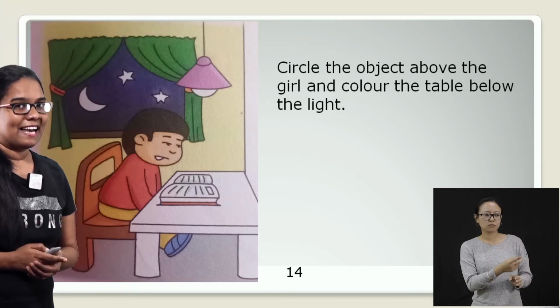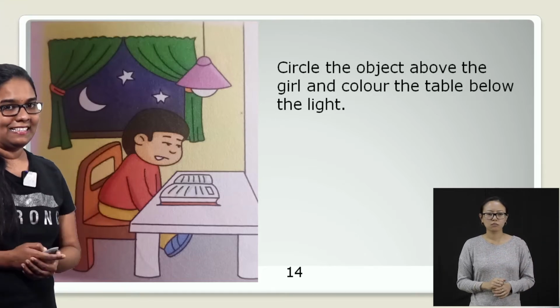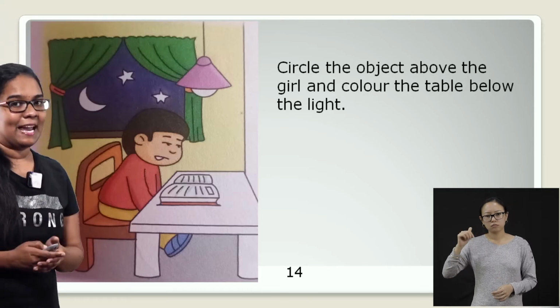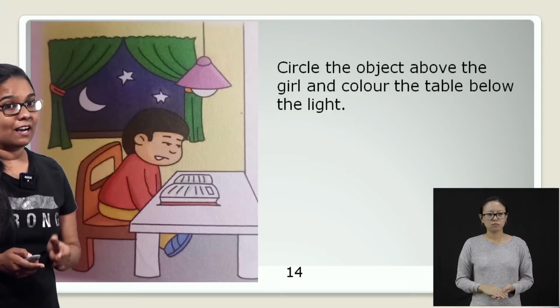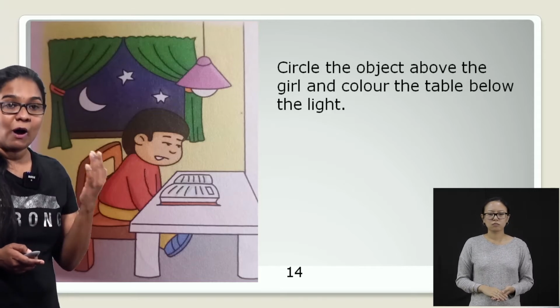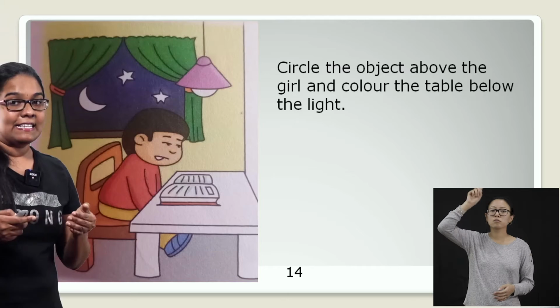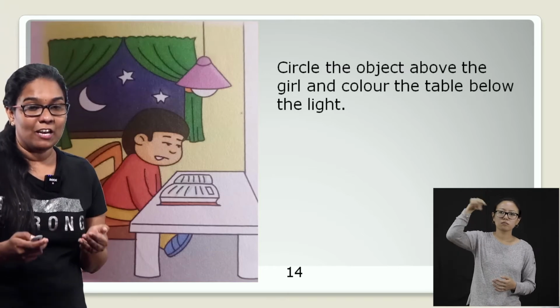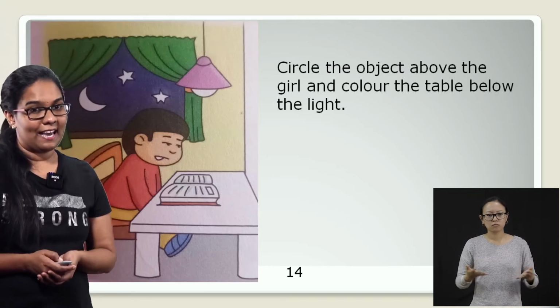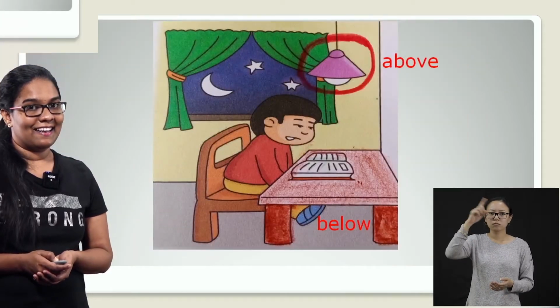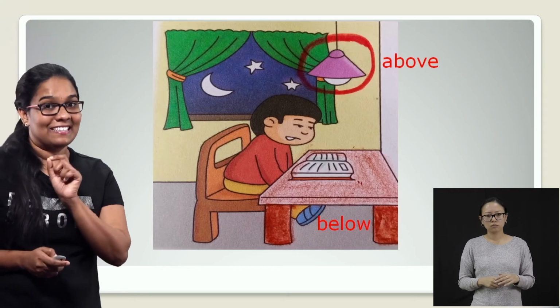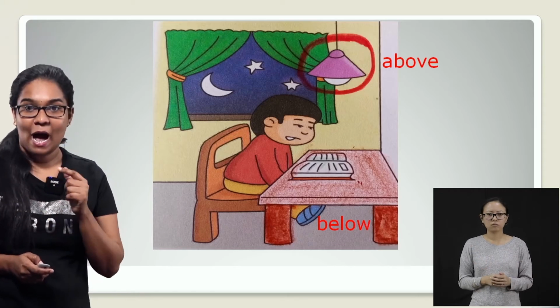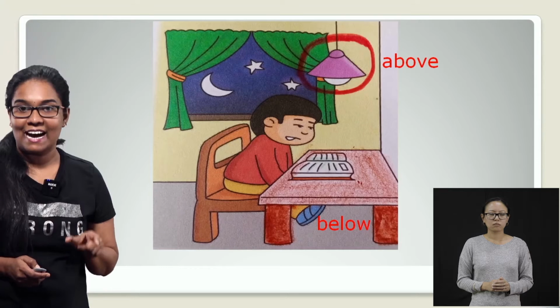Circle the object above the girl and color the table below the light. You have to circle the light above the girl like this.